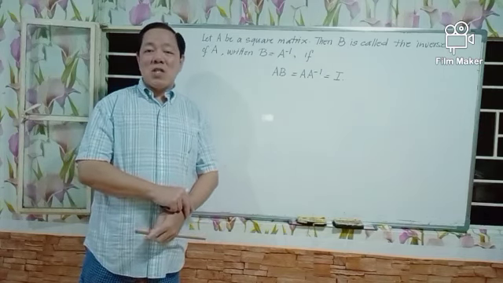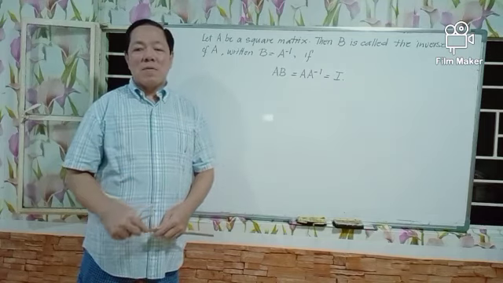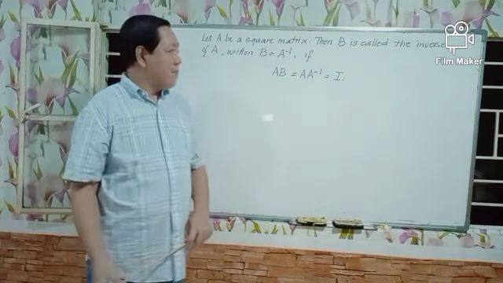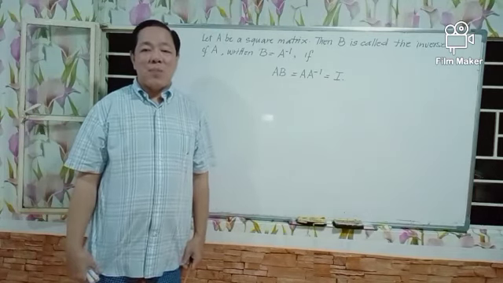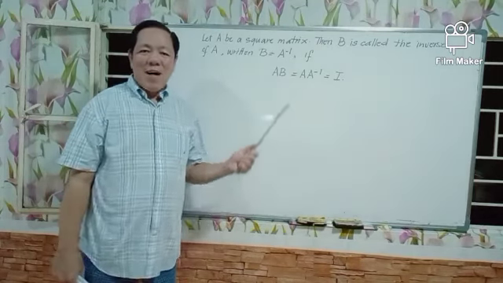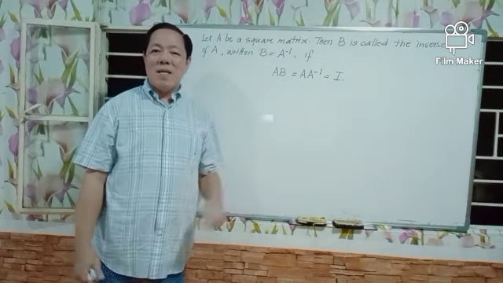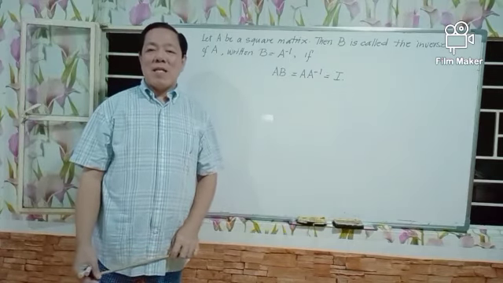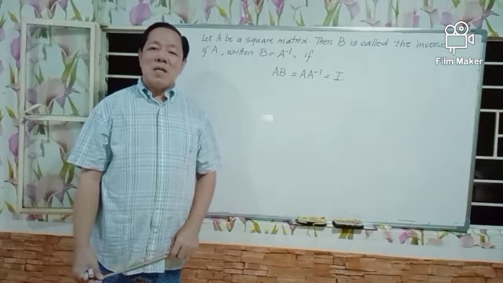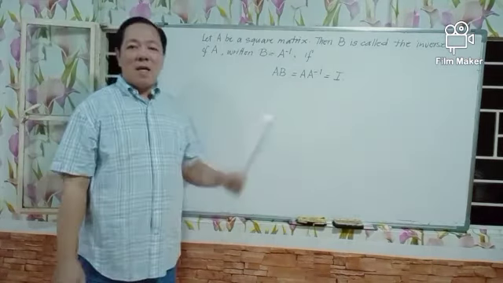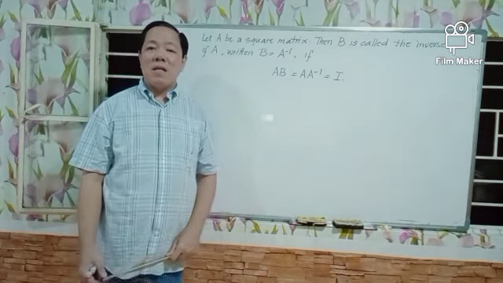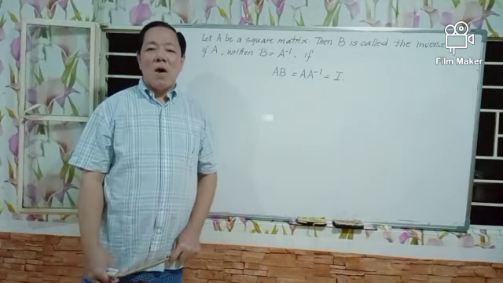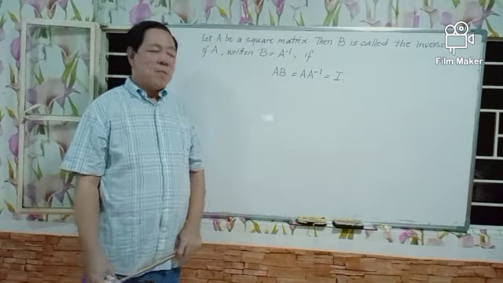And the condition for the matrix B to be an inverse of matrix A is that the product of A and B is equal to the identity matrix I. If matrix A is a 10 by 10 matrix, then the identity matrix I is also a 10 by 10 matrix.